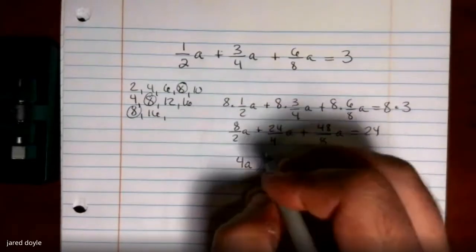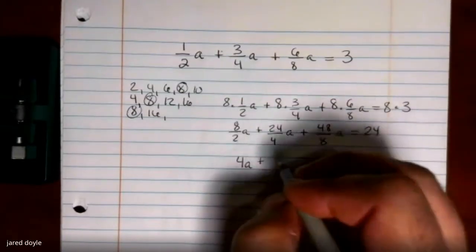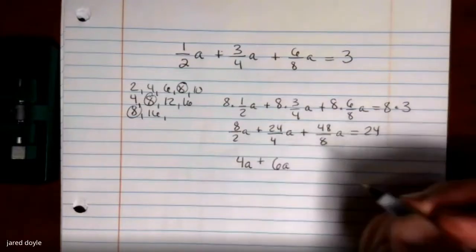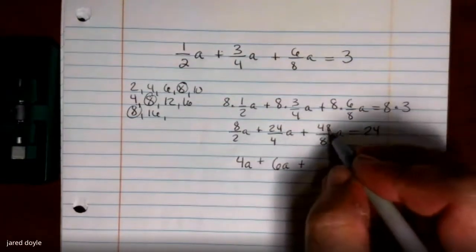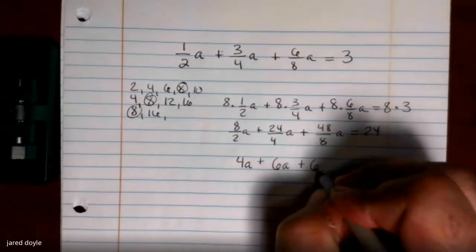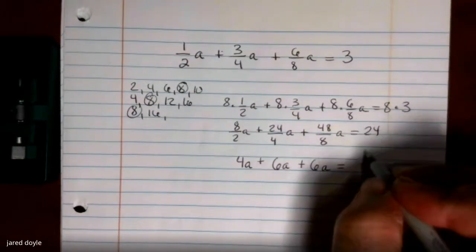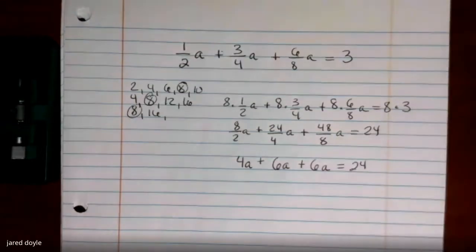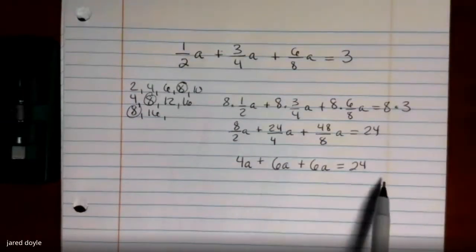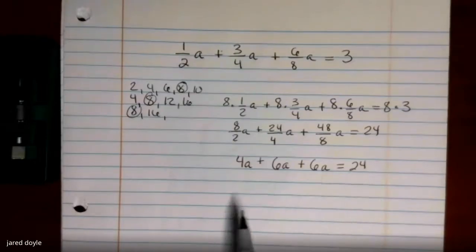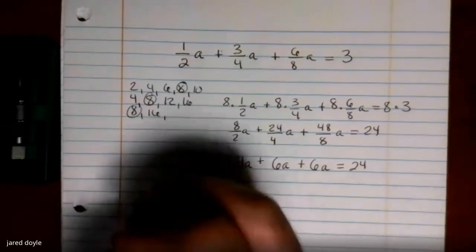Now, let's go ahead and simplify these. 8 divided by 2 is 4. We have 4a. 24 divided by 4 is 6. We have 6a. And 48 divided by 8 is 6. So we have 6a. And that equals 24. So now we have no fractions to work with, and this will be pretty easy to finish up. Okay.